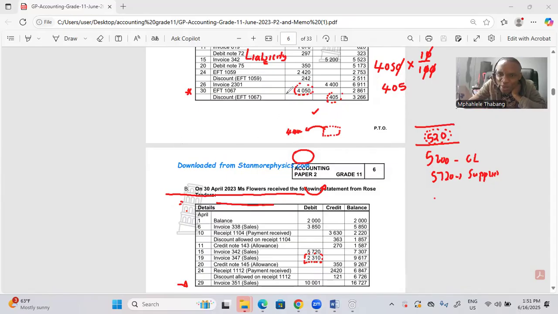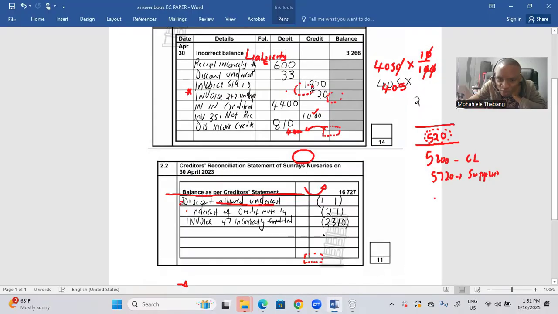So it was debited, 4,050 was debited. Obviously, it needs to be credited on the statement. So when we go to the statement, we are going to credit 4,050. And when you credit, it's more like you are decreasing. From the supplier's point of view, you are decreasing what the business owes you. Okay.